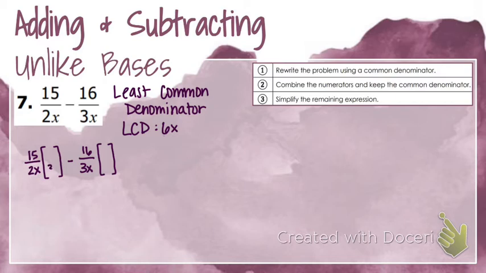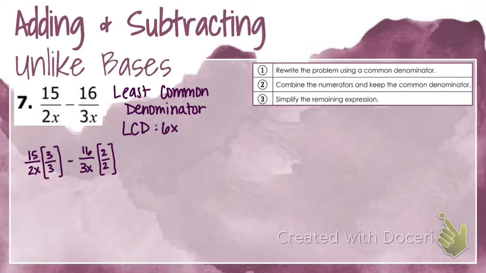We can multiply by 3. So we have to multiply the top and the bottom by 3. And as you can see, 3 over 3 is just equal to 1. So we're multiplying by some special version of 1 to manipulate this fraction to look like what we need. All right, so on the right side, 3x to 6x, we would need to multiply by 2. So we're going to multiply top and bottom by 2.